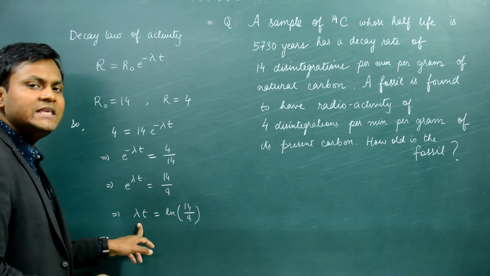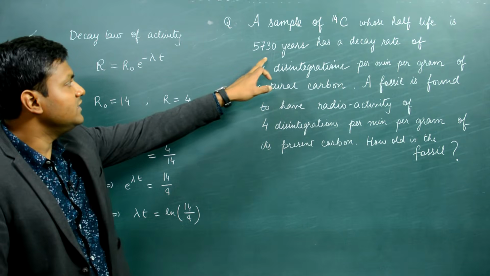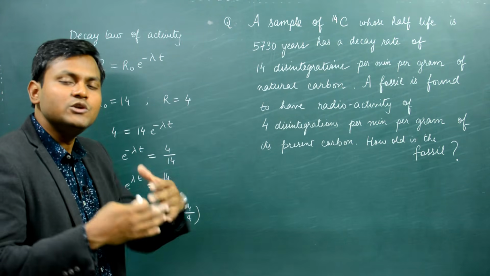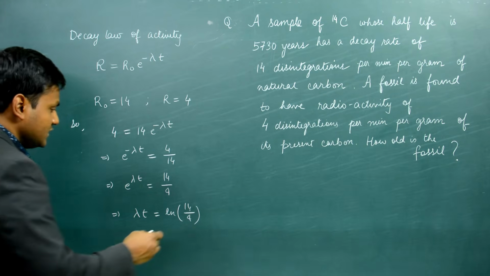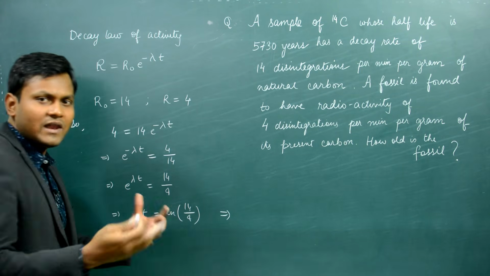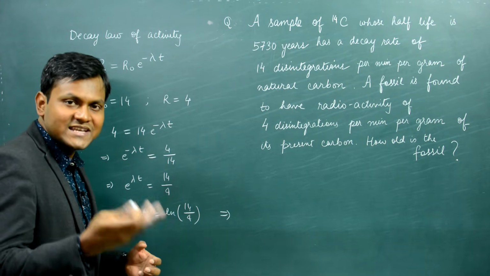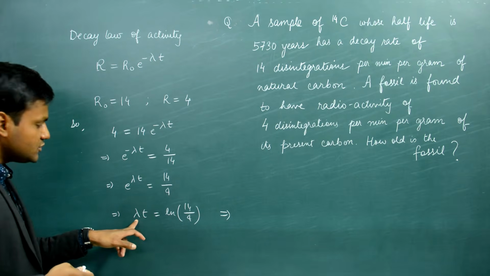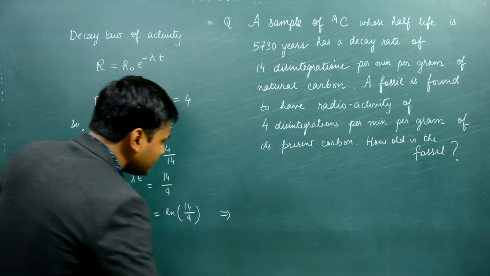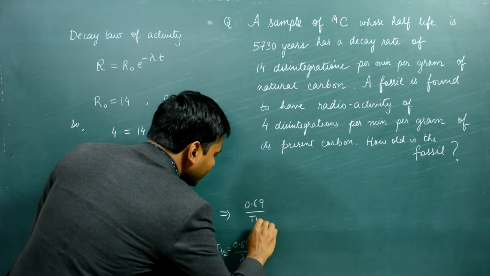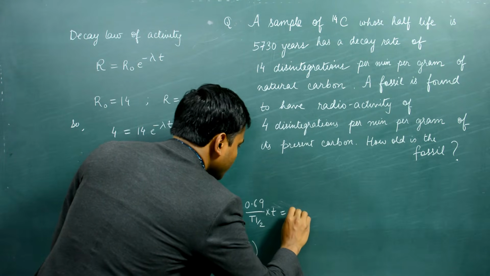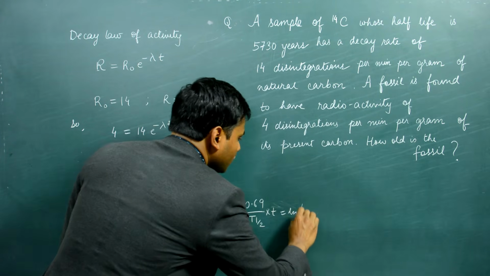Now we have not been given the decay constant, we have only been given the half-life. Here we can use the expression we obtained for half-life previously. Because half-life is equal to 0.69 divided by decay constant, instead of decay constant I can write 0.69 divided by the half-life, multiplied by time, is equal to ln 14 upon 4.